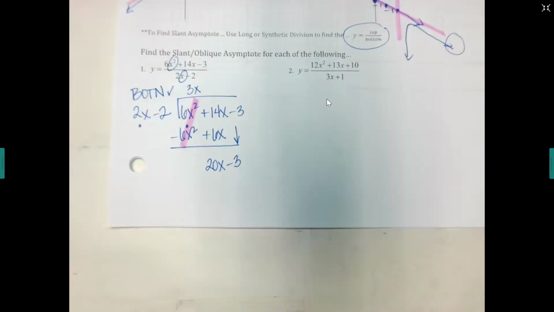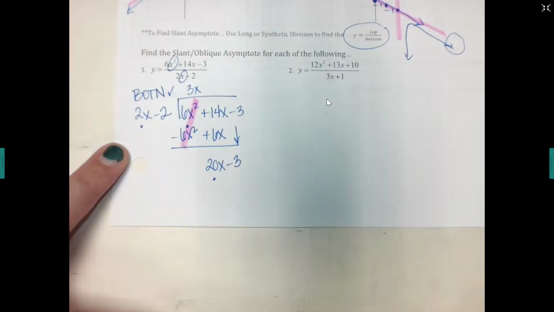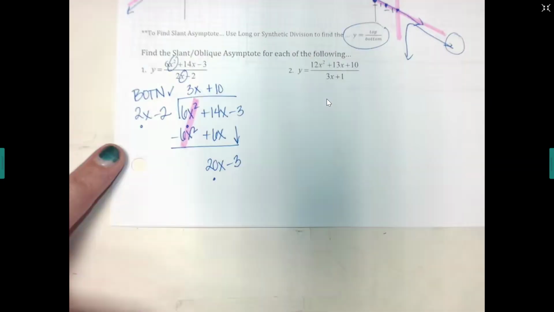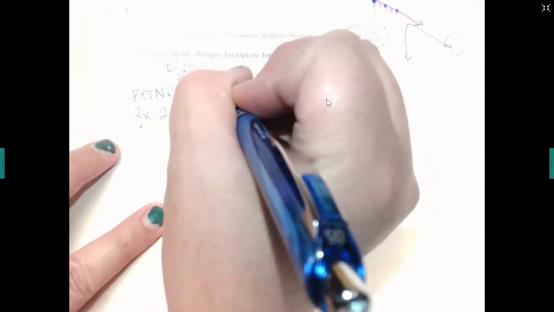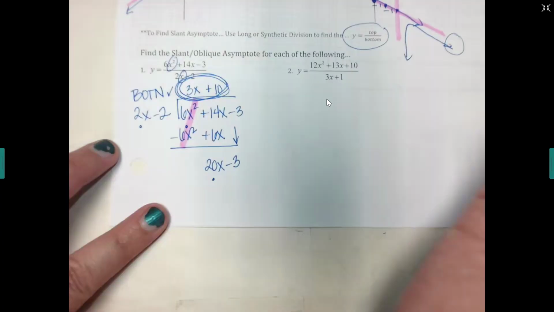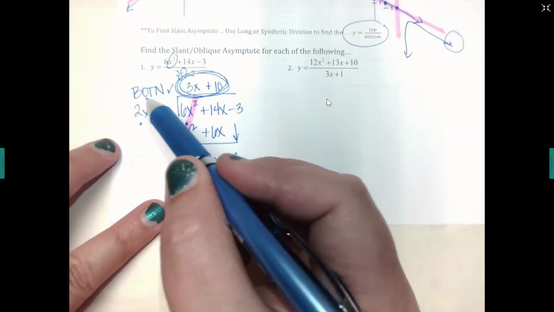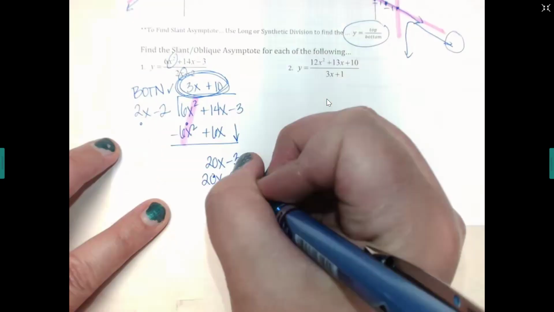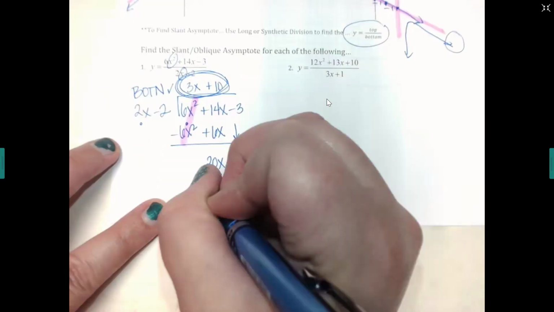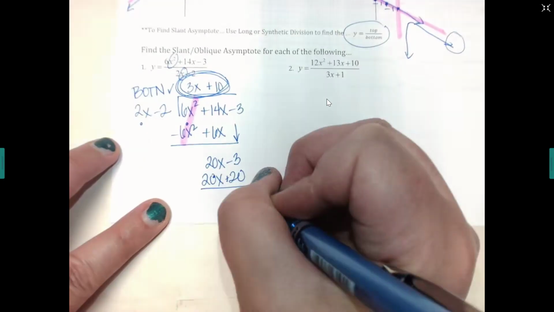Then we have to repeat one more time. I have a 2x, I need a 20x. So plus 10, very good. Now the good news is that you actually don't care about the remainder. Once I have this top part, that's the answer. If you wanted, you could do the 10 times the 2x, the 10 times the 2, and your remainder would come out to 17.